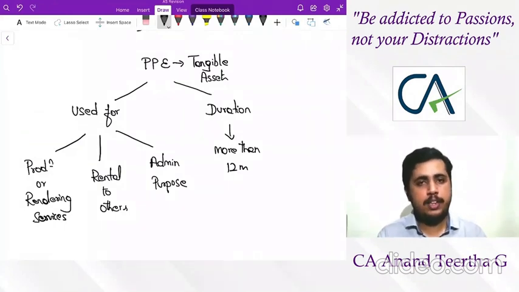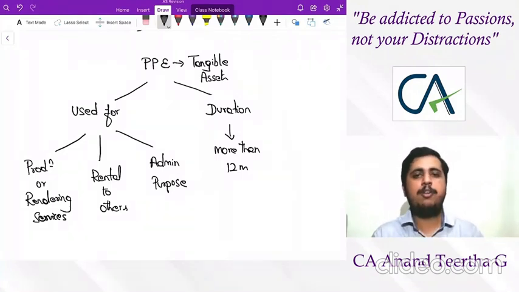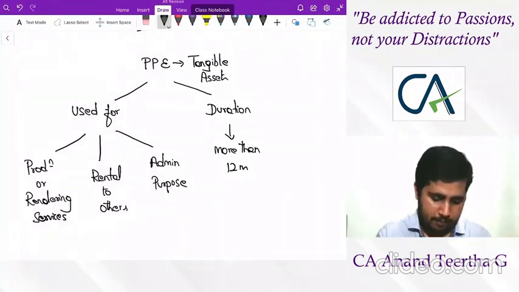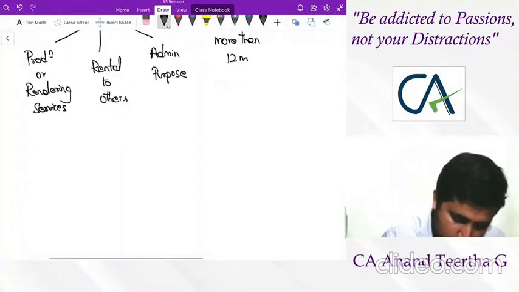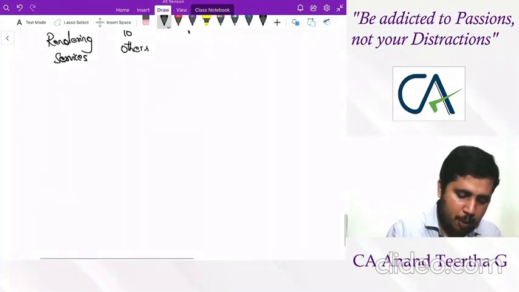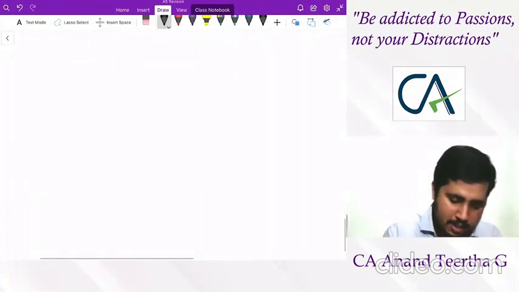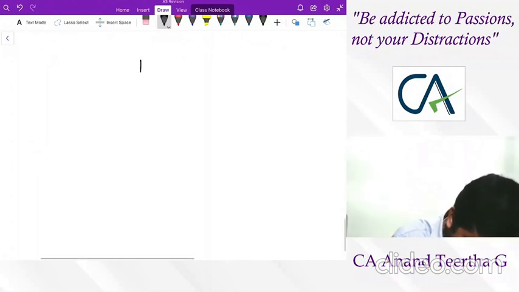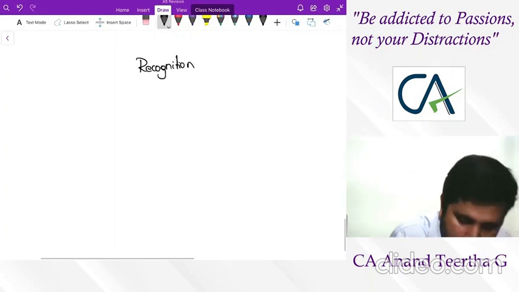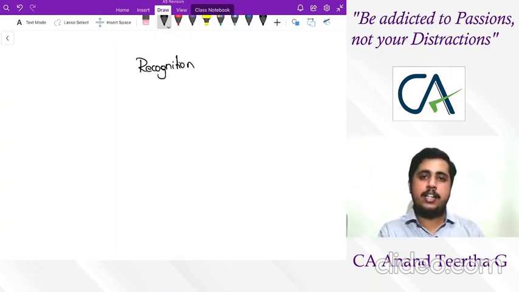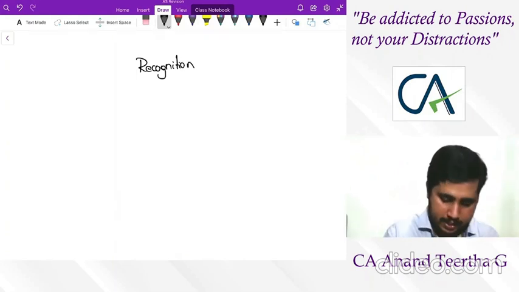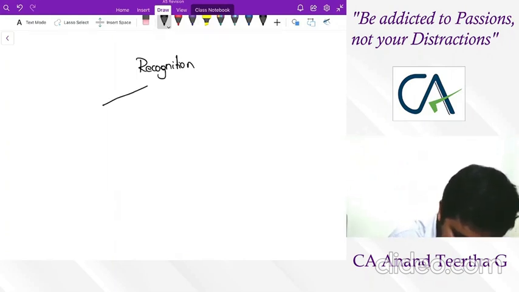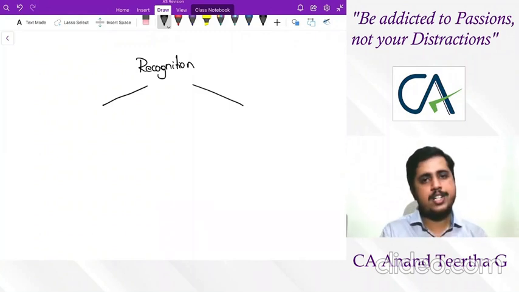If it comes within the definition, fine. If it doesn't come within the definition, AS 10 itself will not be applicable, because AS 10 is applicable for property, plant and equipment. Now, once it comes under the definition of property, plant and equipment, the next important thing is, what is the recognition criteria? If you remember, the first coverage area of AS 10 was the recognition part. How do you recognize it? Recognition criteria, two major conditions are given.